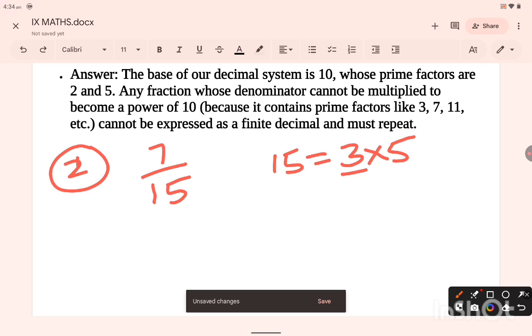When the prime factors of the denominator are other than 2 and 5, that fraction is a non-terminating repeating decimal. That denominator cannot be expressed as a power of 10. Therefore, here 15 cannot be expressed as a power of 10. Therefore, 7 by 15 is a non-terminating repeating decimal.